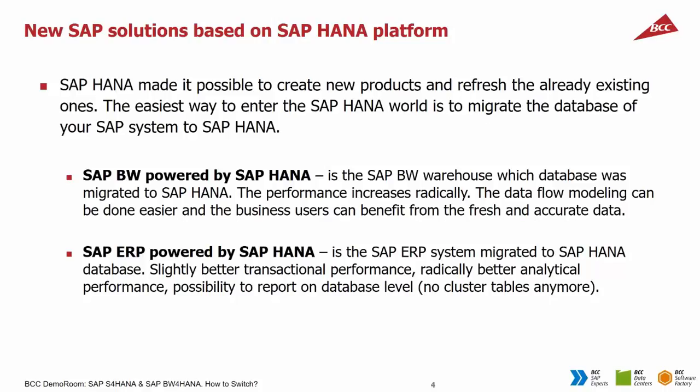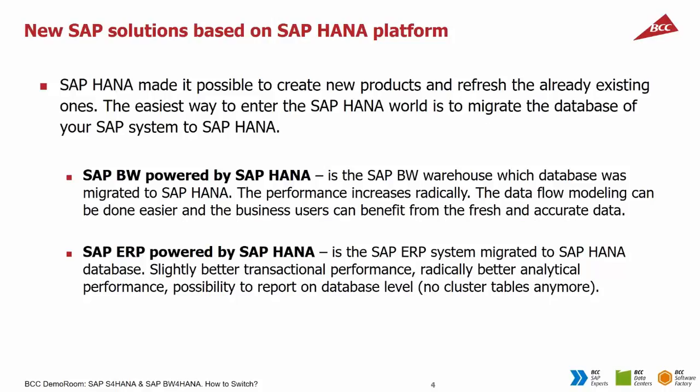And by basing on this platform, especially on SAP HANA database, SAP provided two solutions, I would say intermediary solutions, SAP BW powered by SAP HANA and SAP ERP powered by SAP HANA.